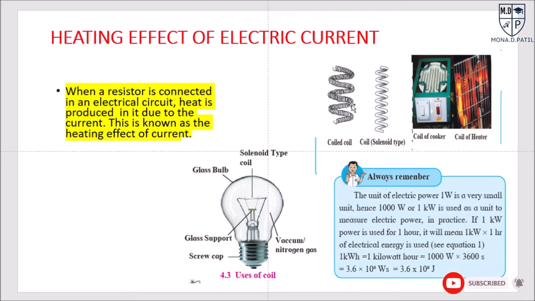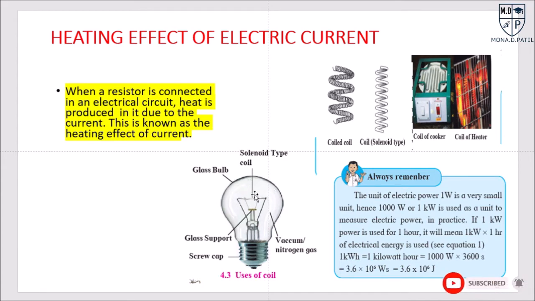Such solenoid-type coils are used in equipment like the coil of a cooker, the coil of a heater, and the ironing machine, where we need heat. The electric bulb also needs heat. How is this heat obtained? In the electric bulb, there is a tungsten wire.